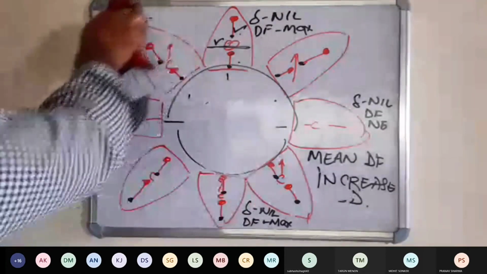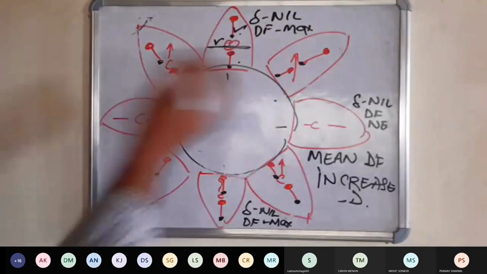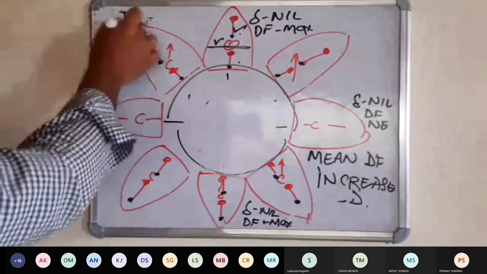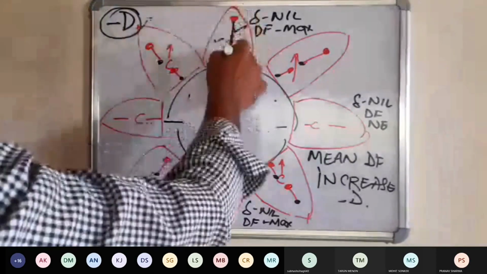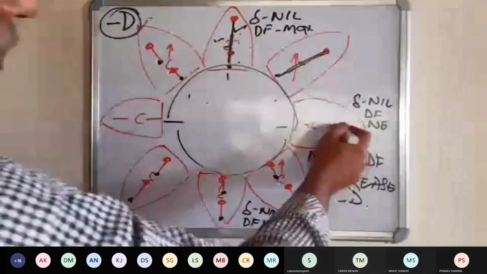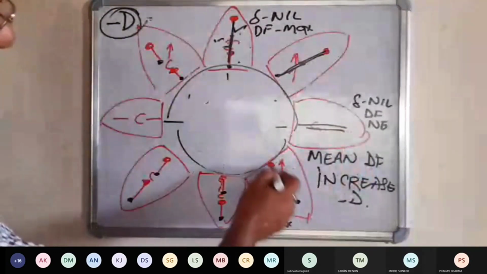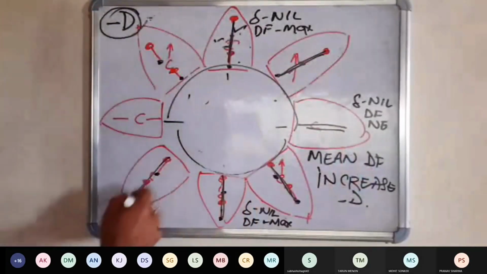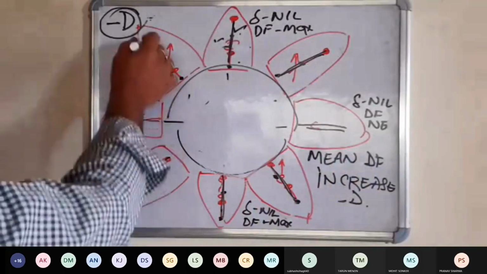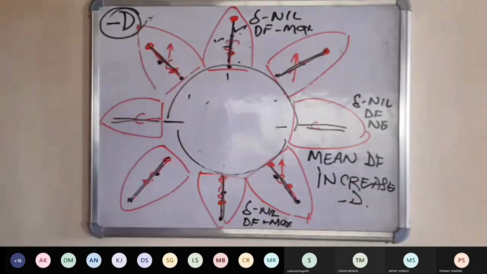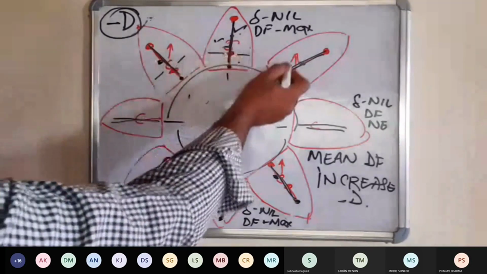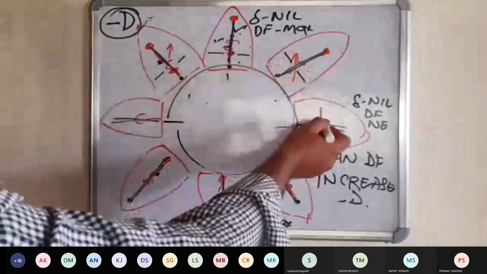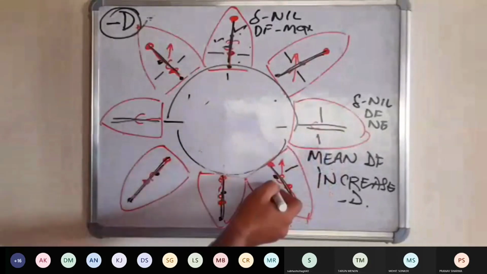Then we talk about the minus D. Minus D is caused by continuous forward and aft rod, or divided athwartship rod, in two conditions.